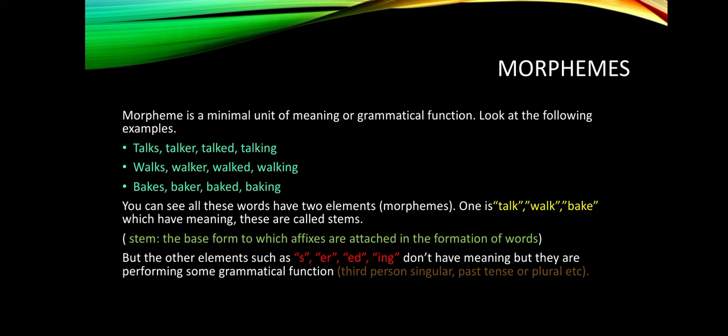These forms don't have meaning, but they are performing some grammatical function. They are either telling us about the verb is occurring with the third person singular pronoun, which are he, she, and it, as we already know, or they tell us about the verb being the past form. Or when these morphemes occur with nouns, we know that they are telling us about the noun being a plural form.